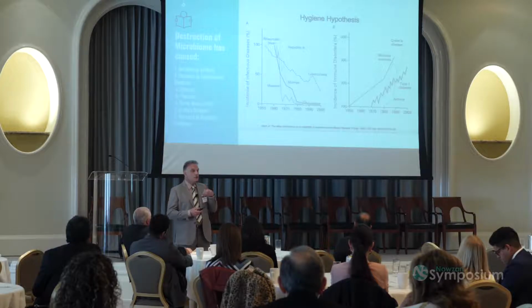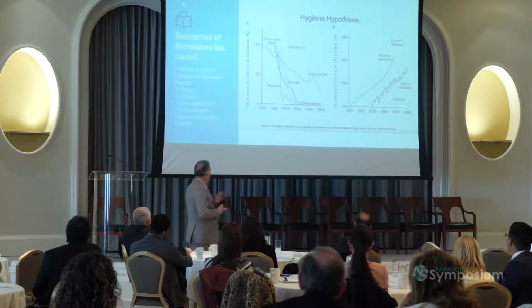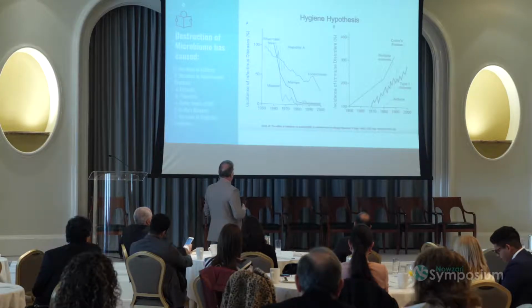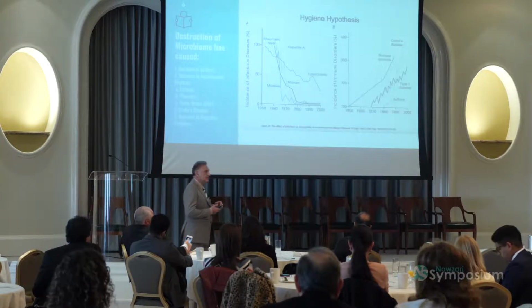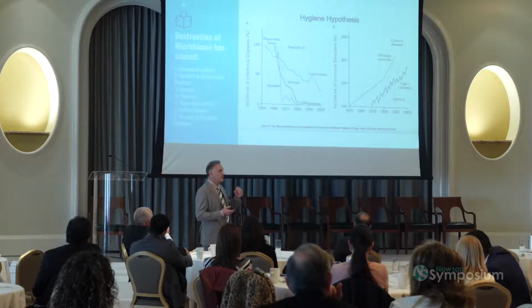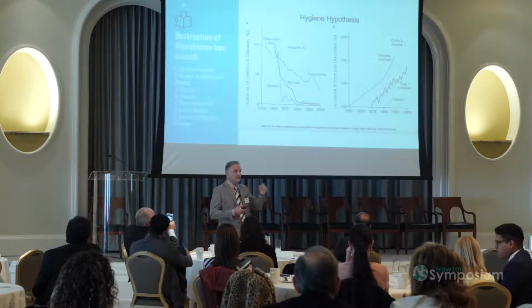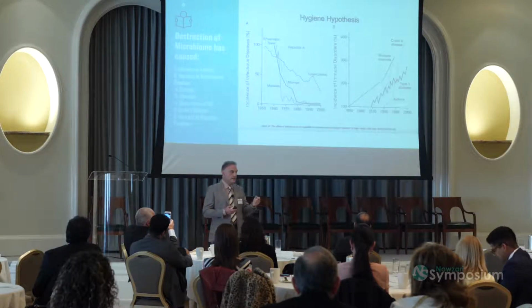So we go to a concept which is the hygiene hypothesis. When we go back to the 1950s, we're talking about infectious diseases, and people were dying from infectious diseases. So the whole advent of antibiotics and killing bacteria and saving lives was key.